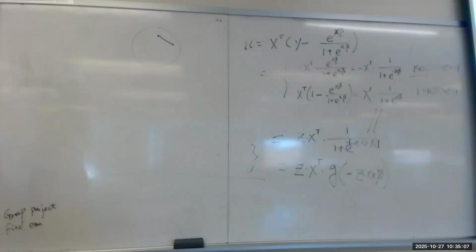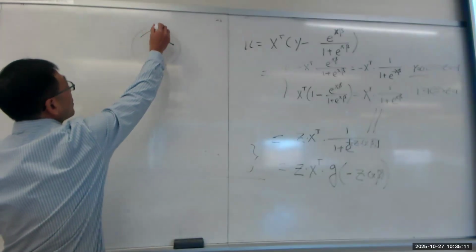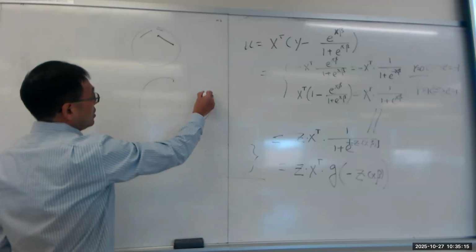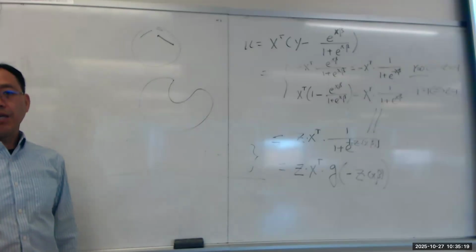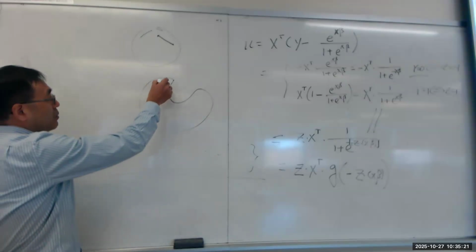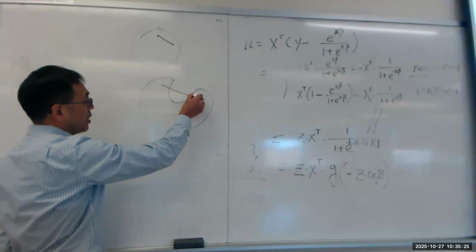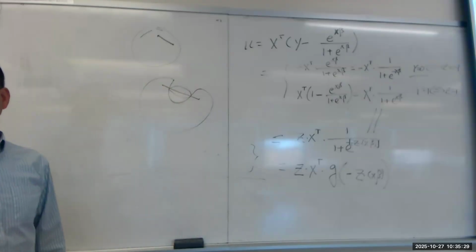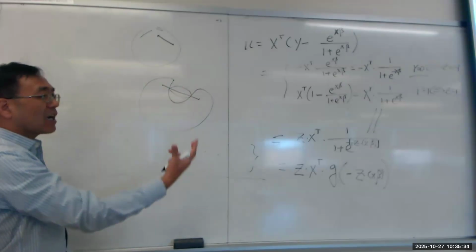You pick any two points, draw a line between them, it's convex. This set is not convex. Because if you pick a point here and a point here and draw a line, you see some of it is not contained in the set S. Some is outside. So this set is non-convex.